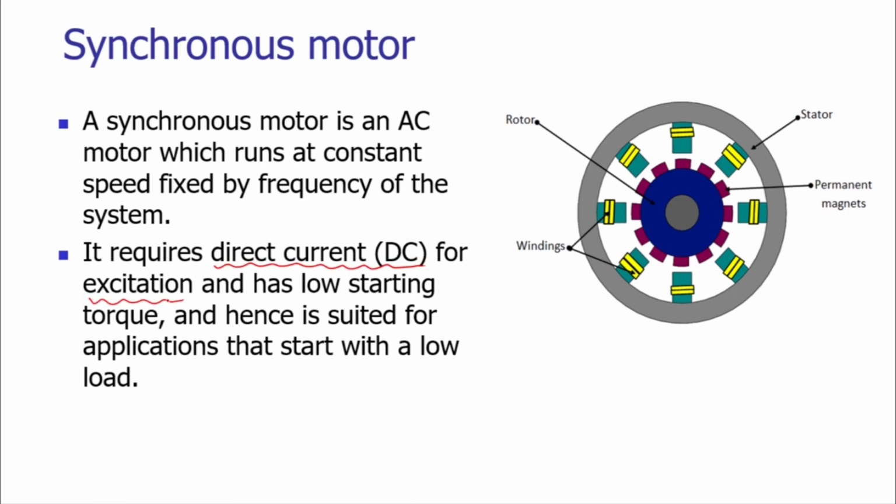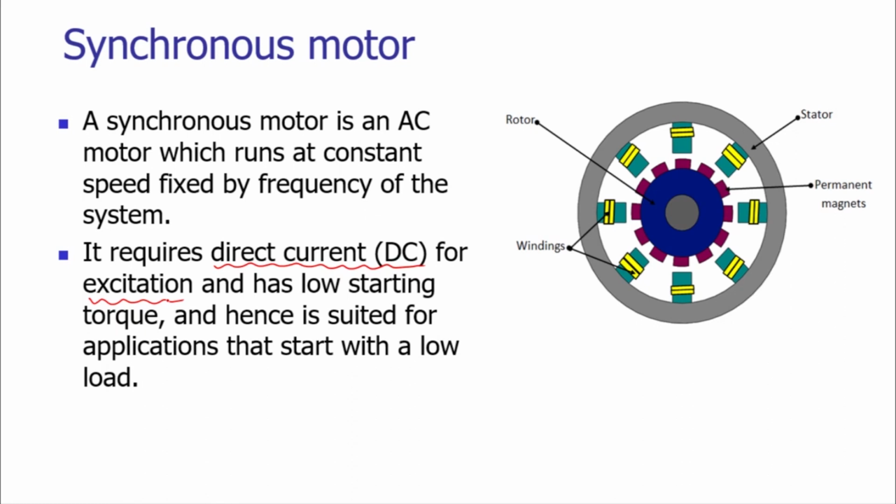The rotor of the synchronous motor has certain inertia. That's why it has a low starting torque. At the start of the synchronous motor, it is difficult to generate sufficient torque to rotate the rotor.